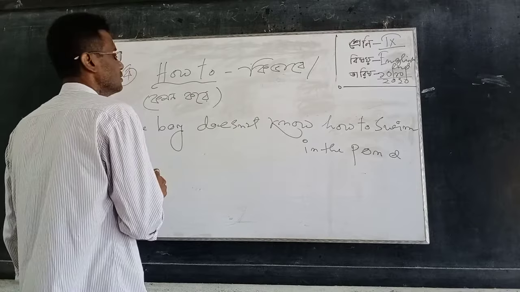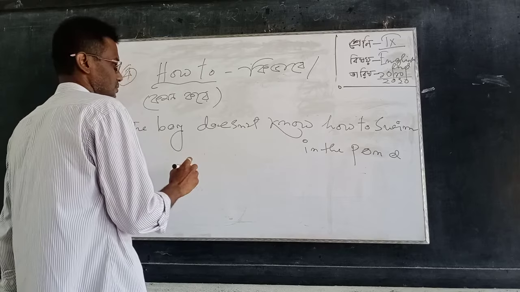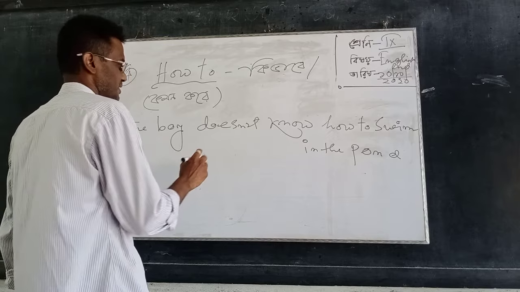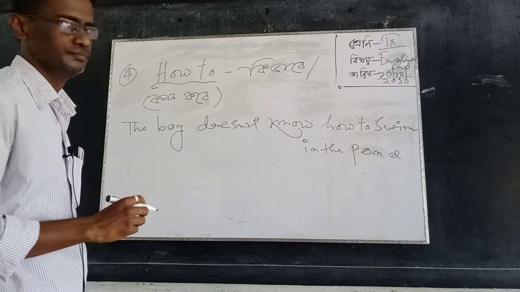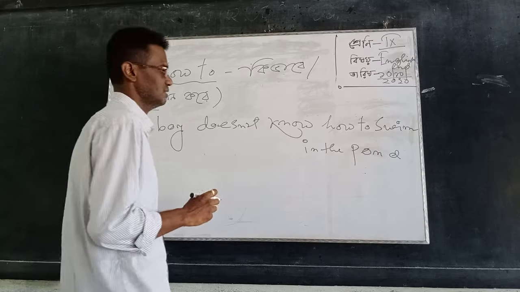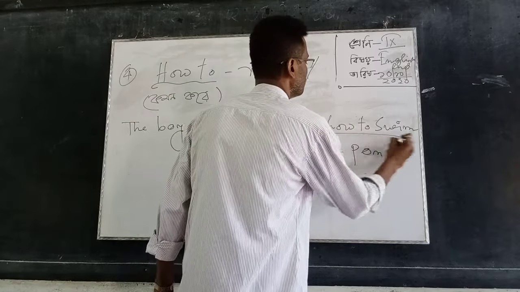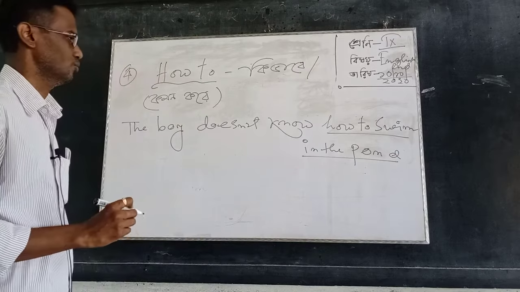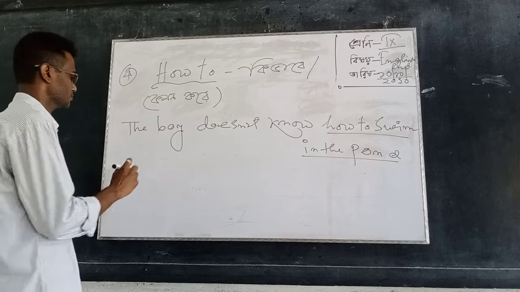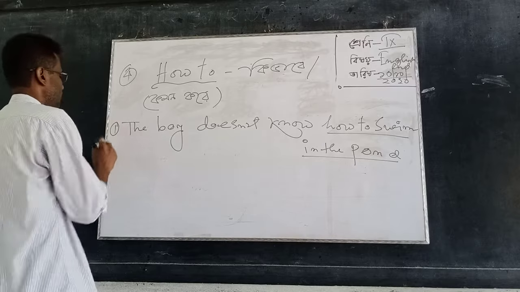This is the completing sentence. My dear student, listen to me and follow me. How to. The word "doesn't know how to". Another example.